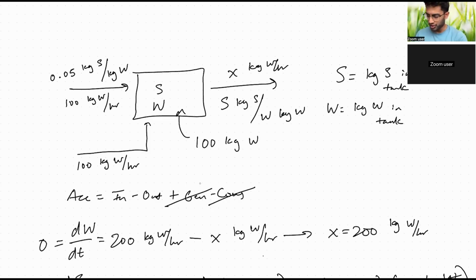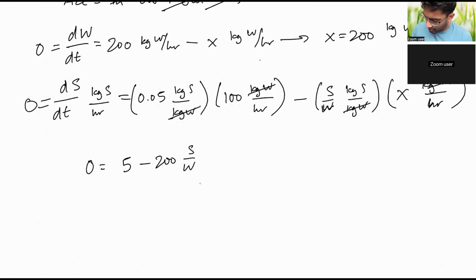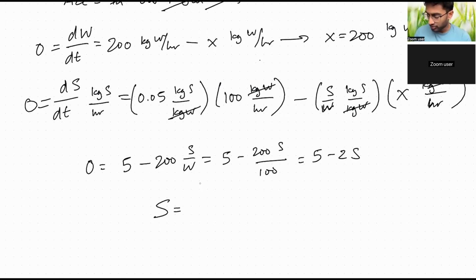So the amount of water is not changing in the tank. So this becomes 5 minus 200S over 100, or 5 minus 2S, which means that the final solute concentration, or the final salt concentration, will be 2.5 kilograms.